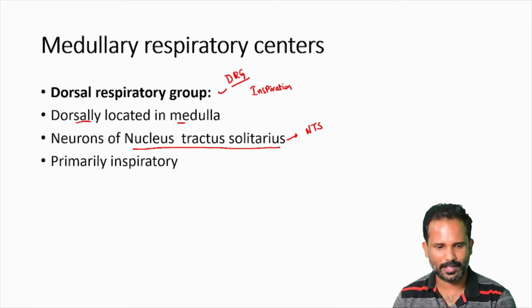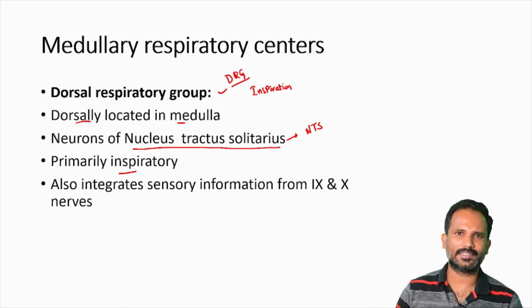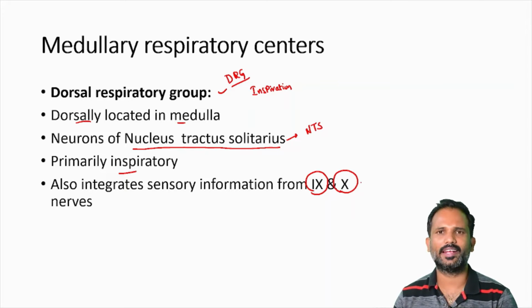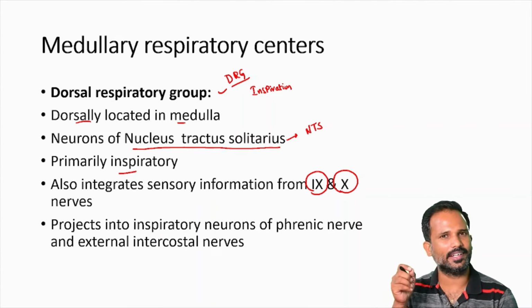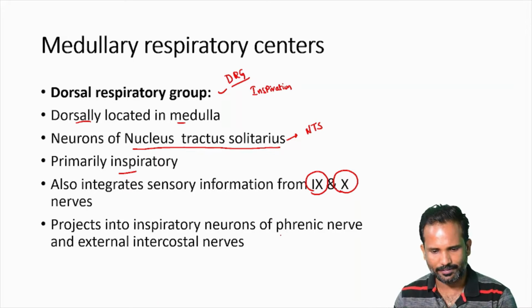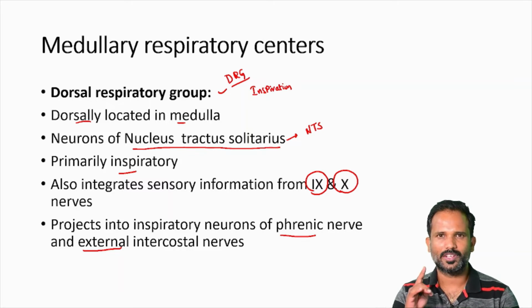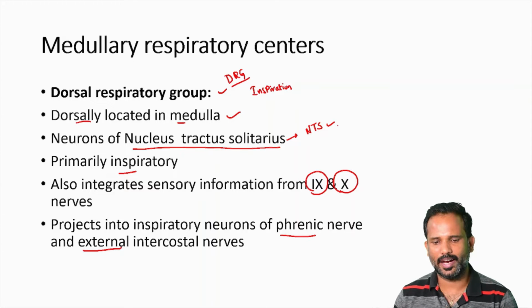It is primarily inspiratory, and it also integrates the sensory information coming from the glossopharyngeal as well as the vagus nerve, the 9th and 10th nerves. And as it is inspiratory, it gives information to the inspiratory muscles like the diaphragm, so the nerve is the phrenic nerve, and to the external intercostal muscles, so the external intercostal nerves. So the dorsal respiratory group is located dorsally in the medulla, has the NTS, and it is inspiratory.